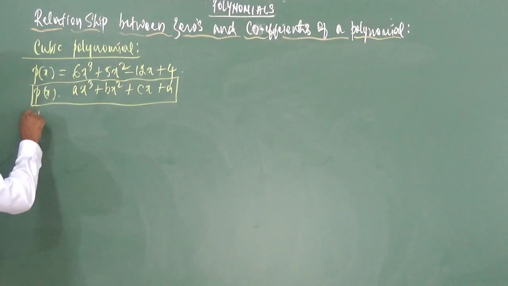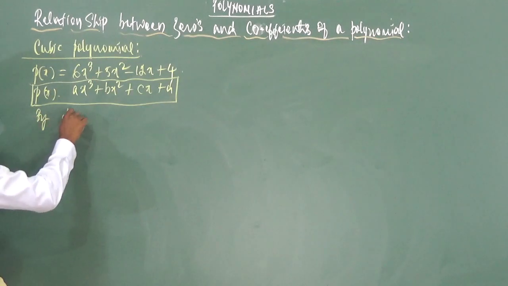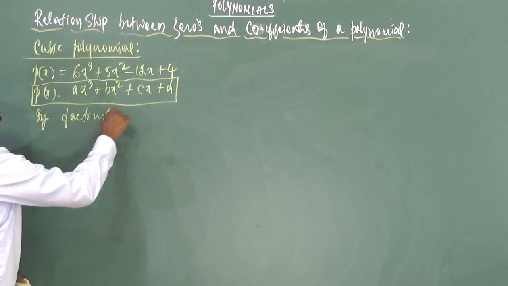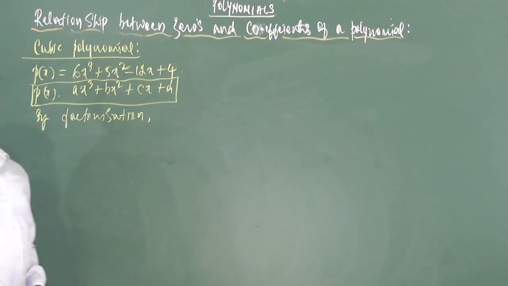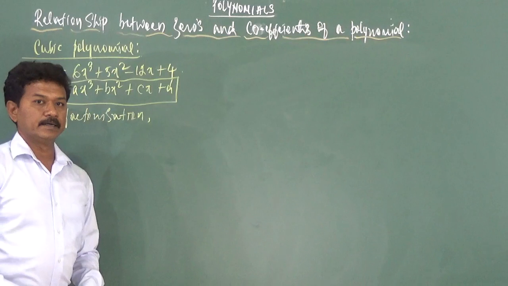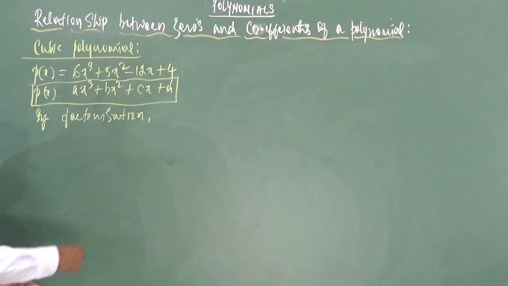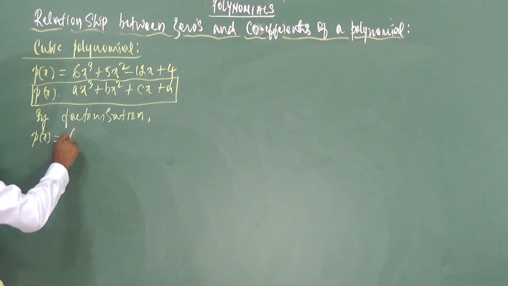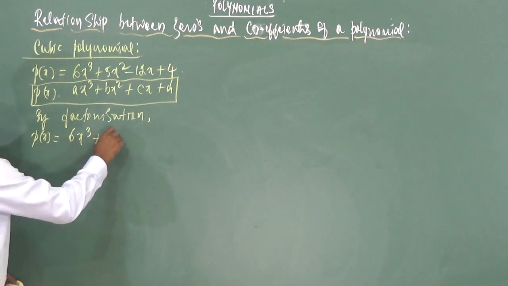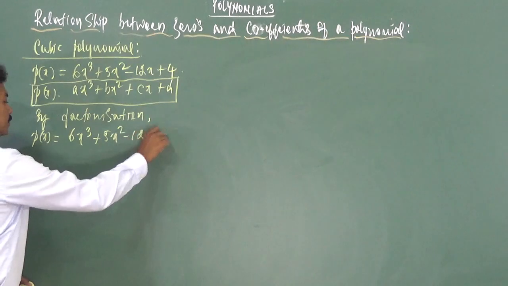So by factorization, the factorization of cubic polynomials, you have done it in your 9th standard classes. So directly I will write the factors here. p of x is equal to 6x cubed plus 5x square minus 12x plus 4.